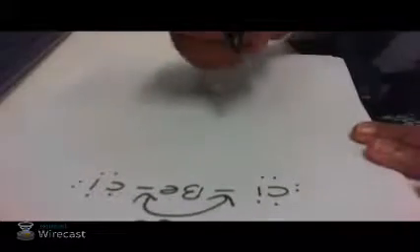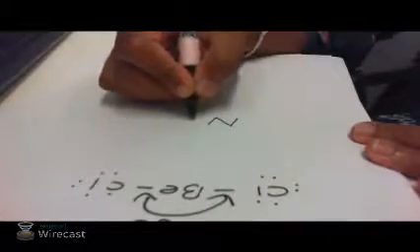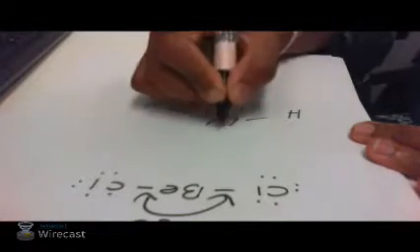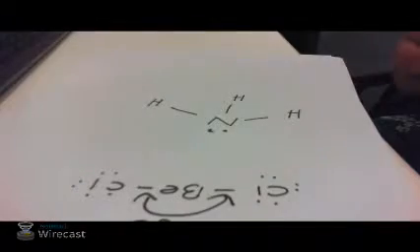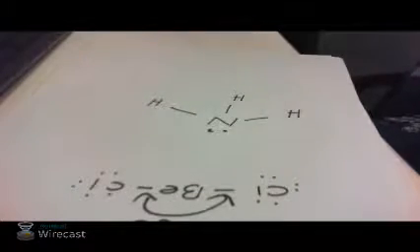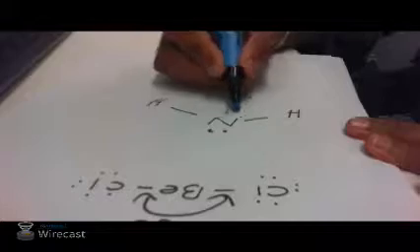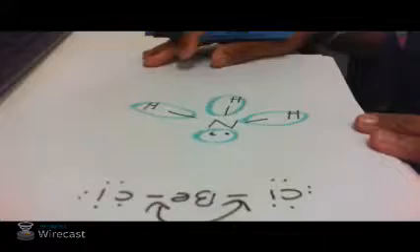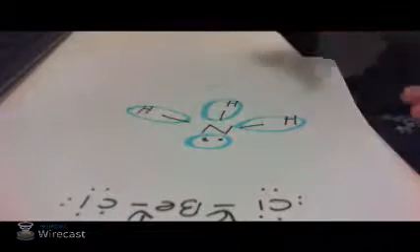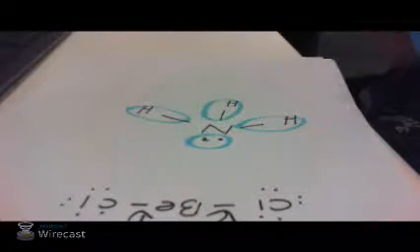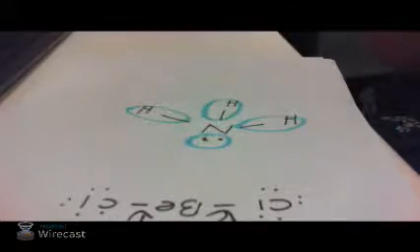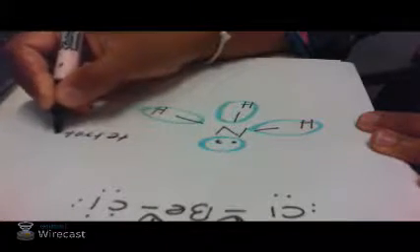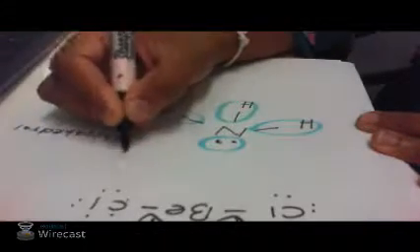Let's take an example, ammonia. NH3, if I draw the Lewis structure, this is NH3. So now tell me how many electron domains around the central atom. I see 1, 2, 3, 4 electron domains around the central atom. With 4 electron groups around the central atom, the electron geometry is tetrahedral.